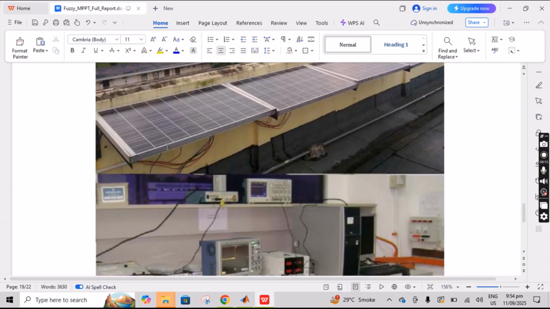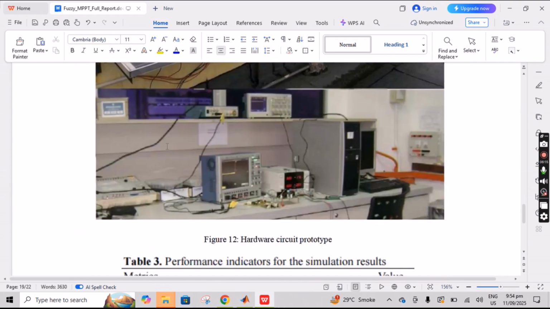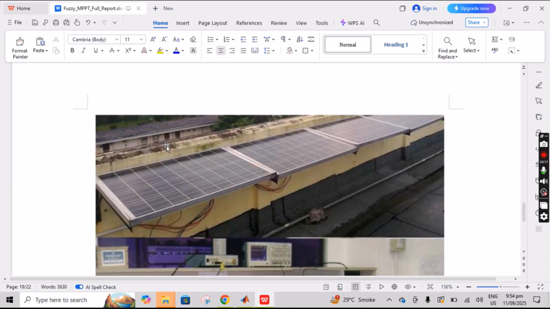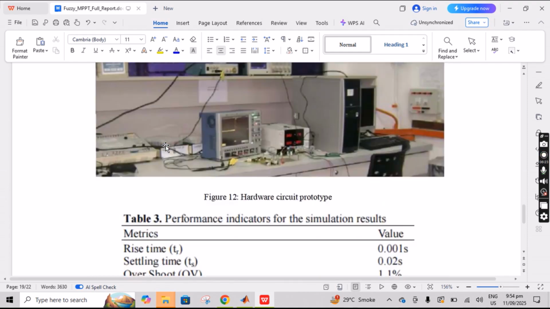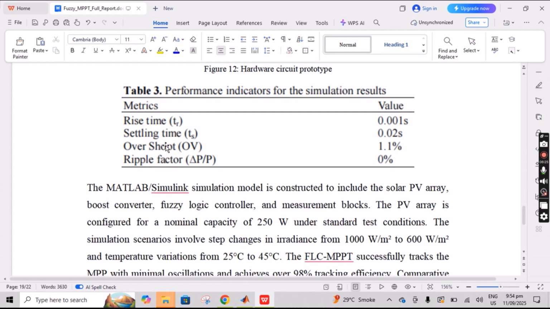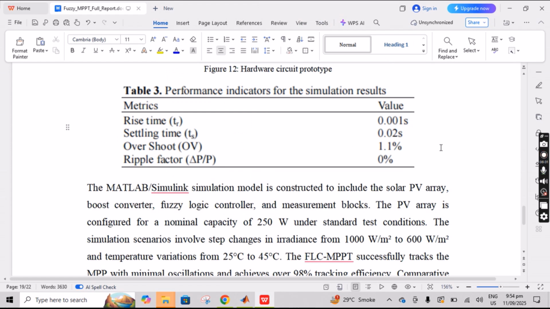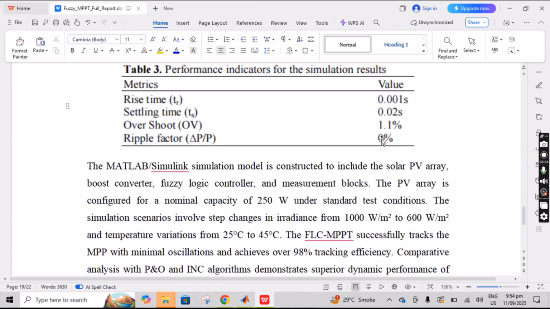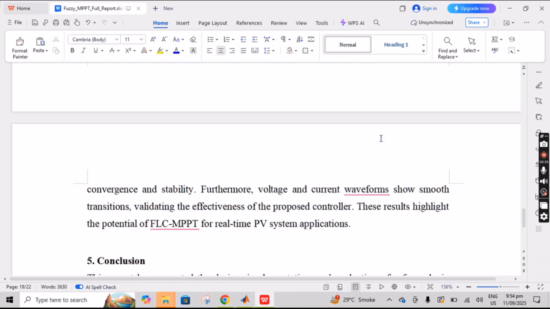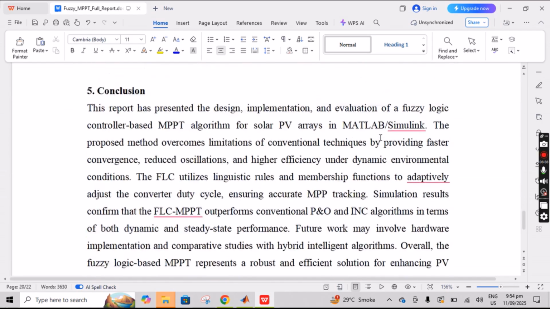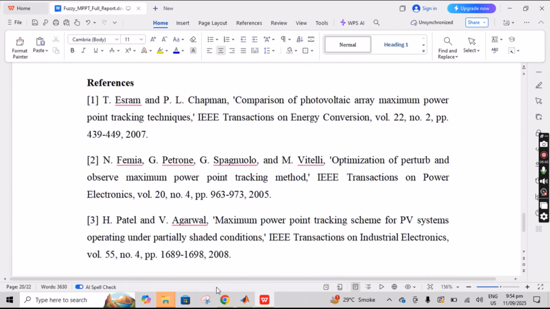This is the hardware structure which I have implemented in the industry lines of our country. So this structure is built. These are performance indicators calculated at different times according to different environments. Next are the conclusion and the references.